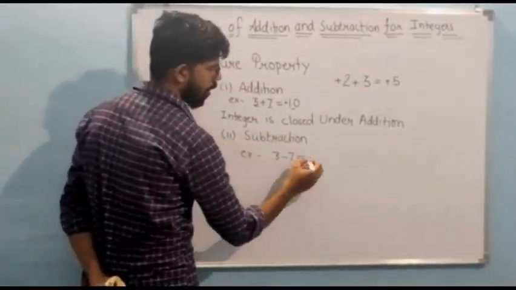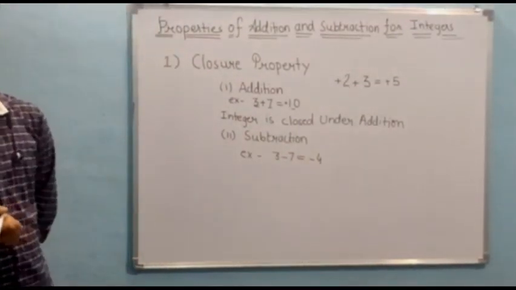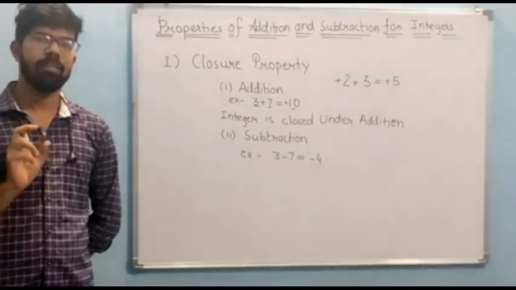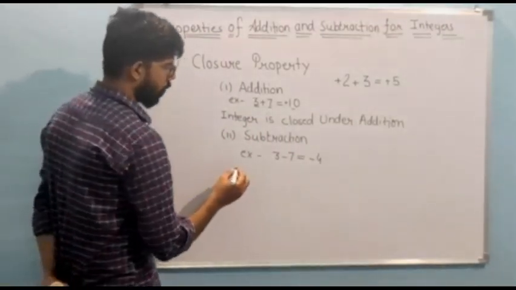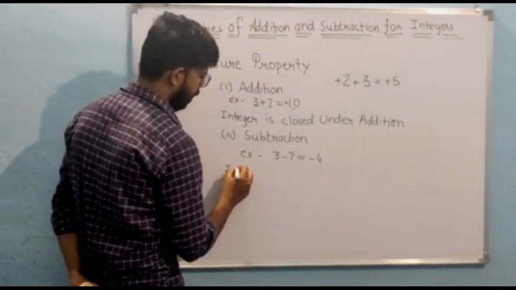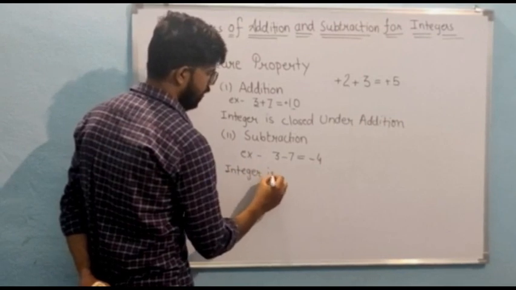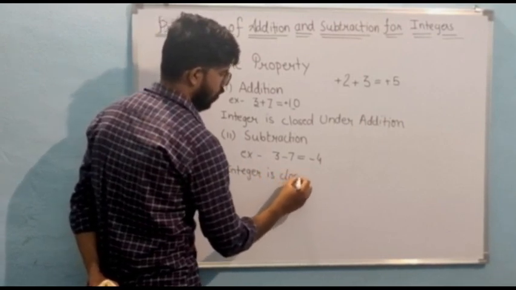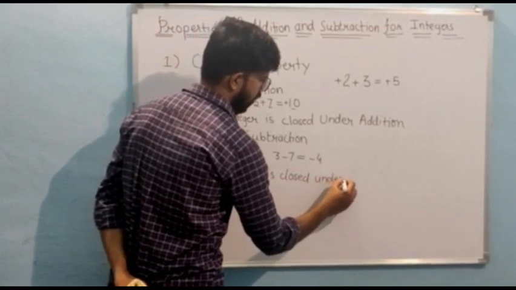We get minus 4, which is also an integer. So when we subtract two integers, we get an integer. So we can say that integers are closed under subtraction.